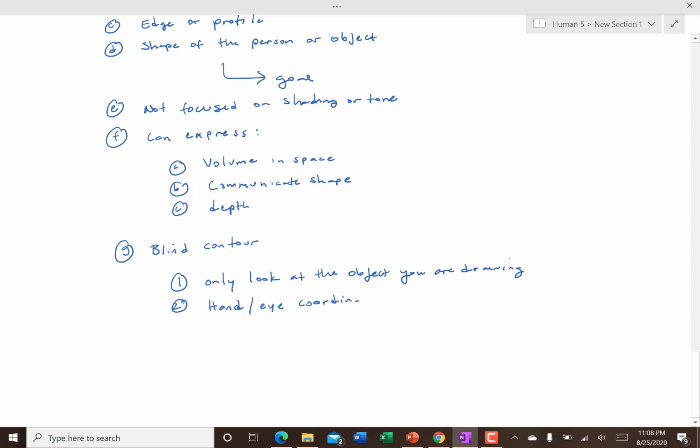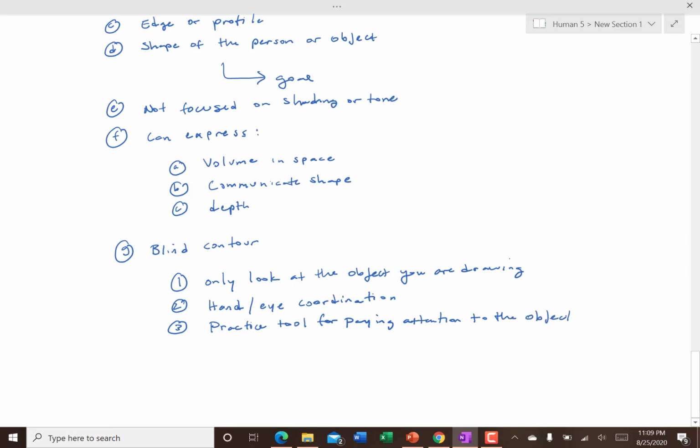It seems weird when you're doing it, but part of the idea is it's a practice tool for paying attention to the object that you are drawing.